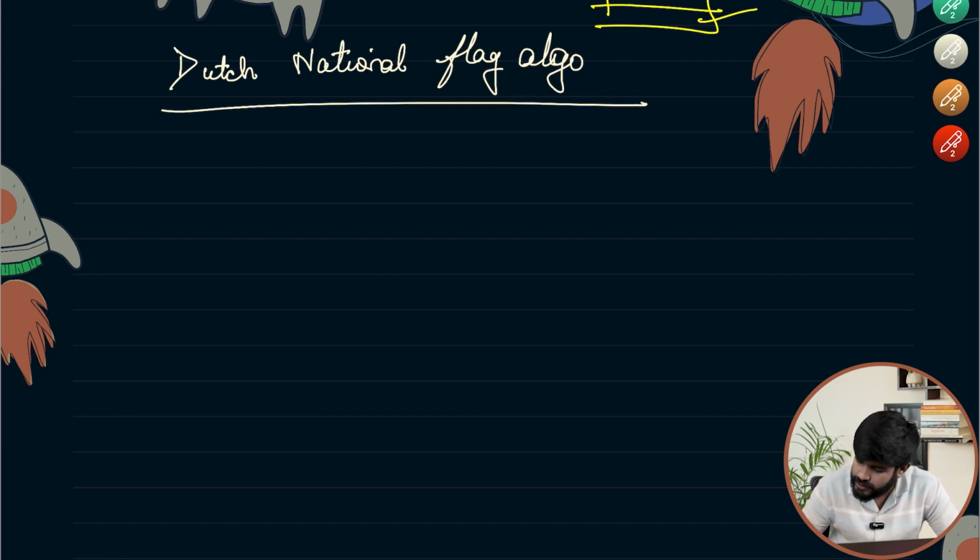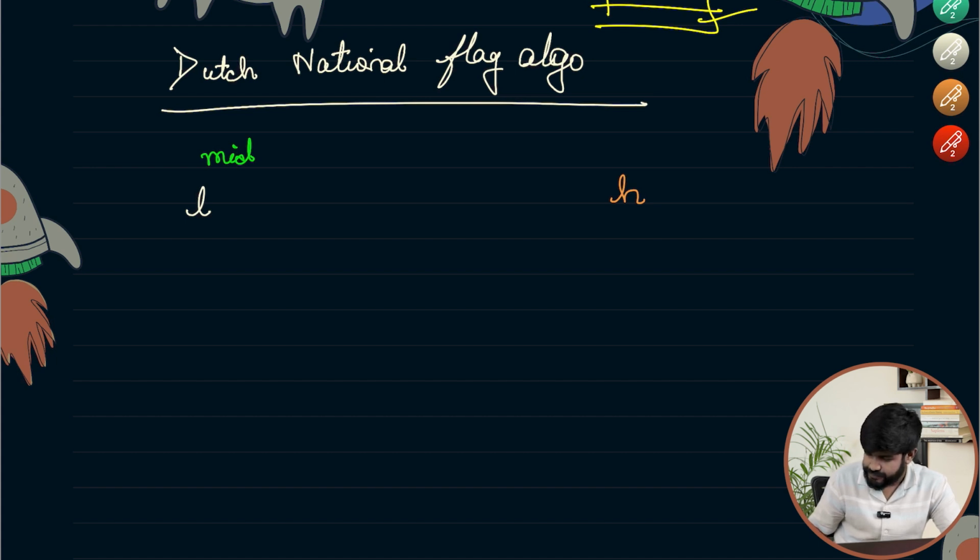So what does the Dutch national flag algorithm tell us? It tells us that we would have a low, which would be here, and a high, which would be here. And we have something known as mid. Now, what would it try to do?